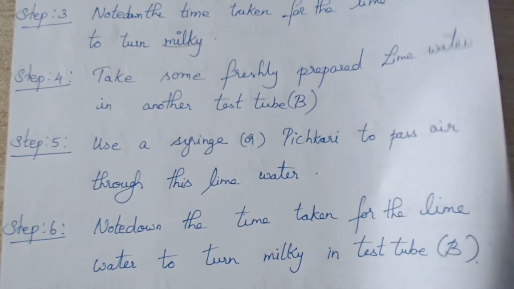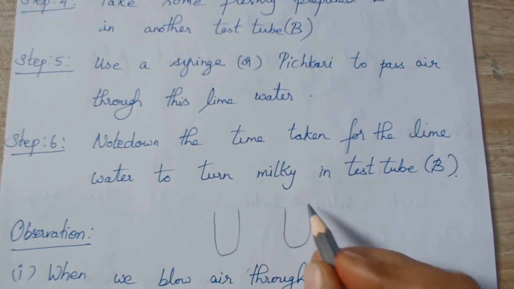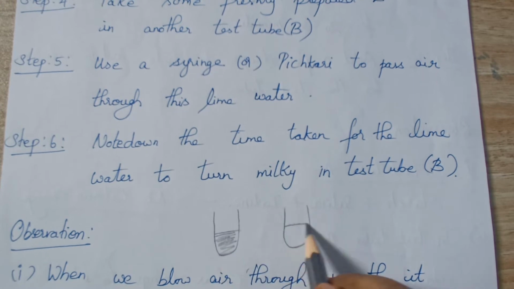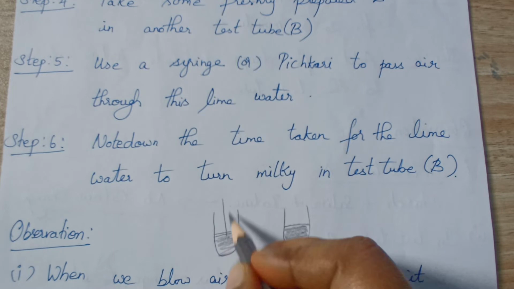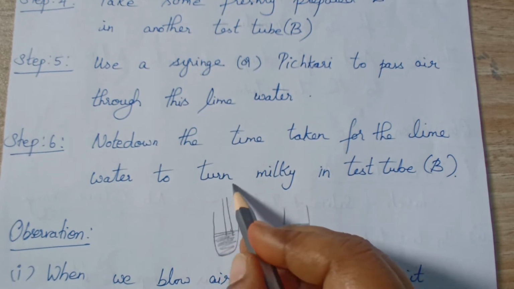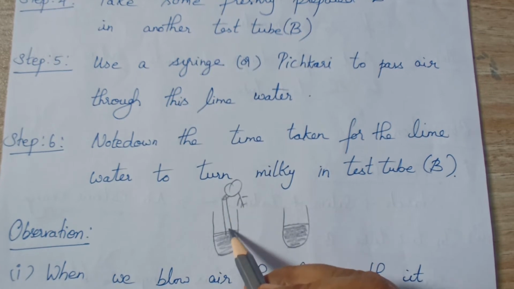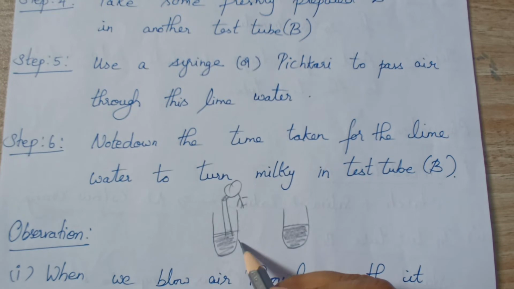So what you are going to do? You are going to take two test tubes. In the first, you are going to take fresh lime water and use a straw to blow air, and we are going to note down how much time it will take to turn milky.